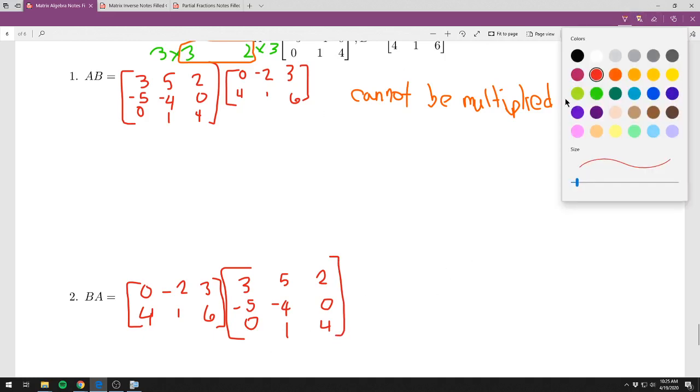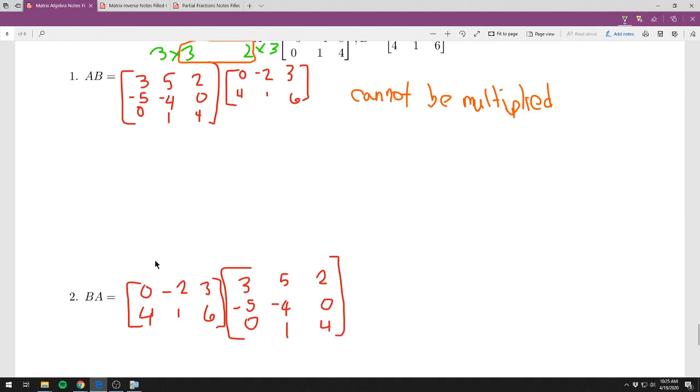And if you write the size above here, this is 2 by 3. This is 3 by 3. Which means they can be multiplied. And the result is the two outside numbers, which is a 2 by 3 matrix. The result of our multiplication is going to be 2 by 3.